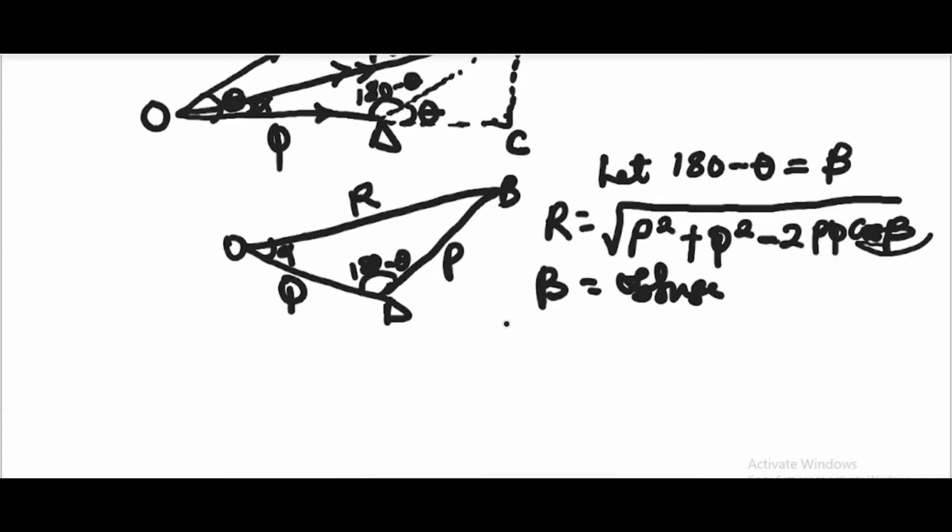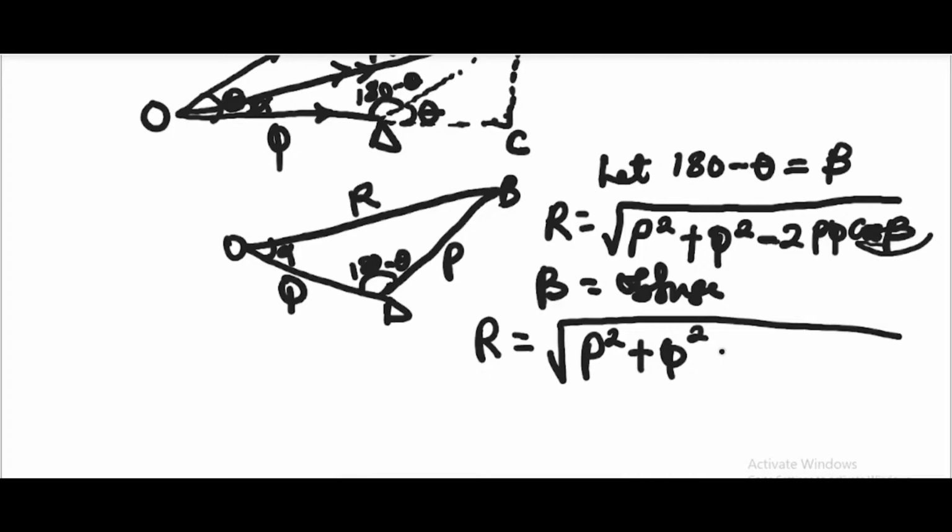So that means that the resultant force becomes the root of P squared plus Q squared plus 2PQ cos beta. So why is it important to understand this very well? So that you won't be wondering, why is it that we are using cosine rule? Meanwhile, the cosine rule says minus 2PQ cos beta. So why are we saying plus? So you've seen the reason.